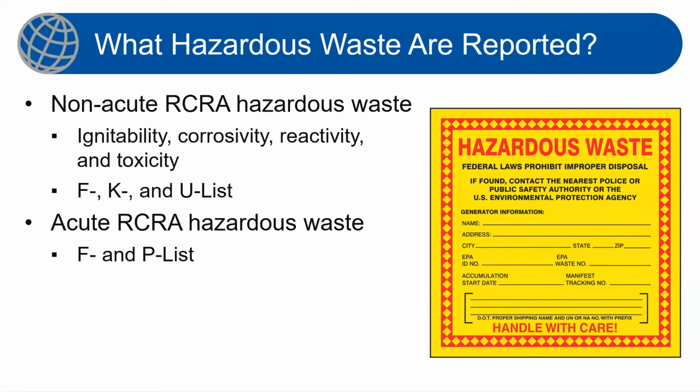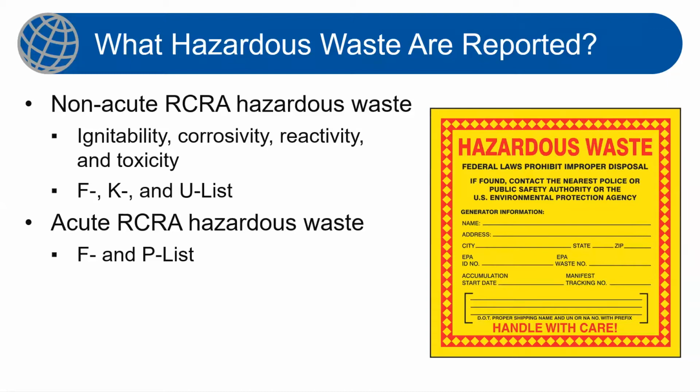So any of the characteristic wastes which you generate at your facility, whether it exhibits a characteristic of ignitability, corrosivity, reactivity, or toxicity, those are considered to be non-acute hazardous waste. Now, in addition to characteristic waste, RCRA also has 4 different lists of hazardous waste.